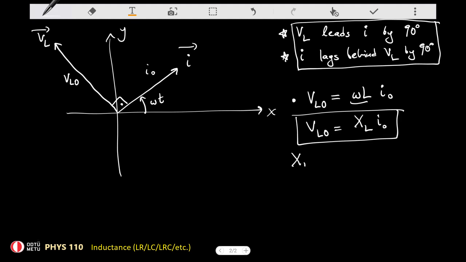So XL is omega L, called the inductive reactance of the circuit. Again, the unit is ohms. You can check the units by yourself.